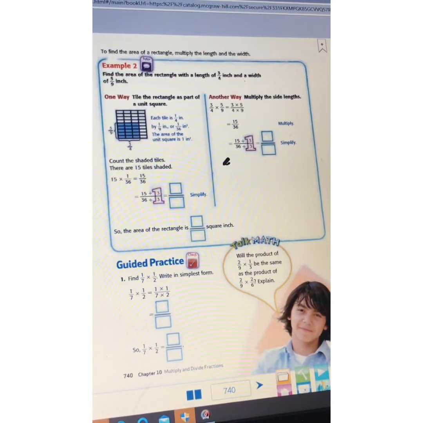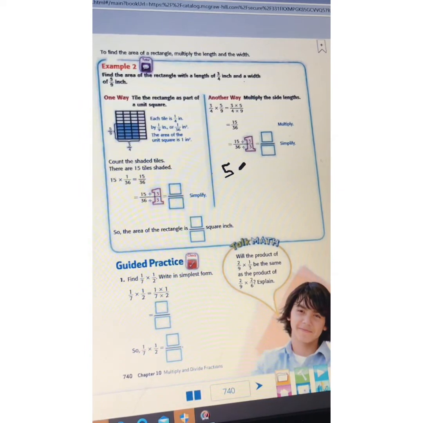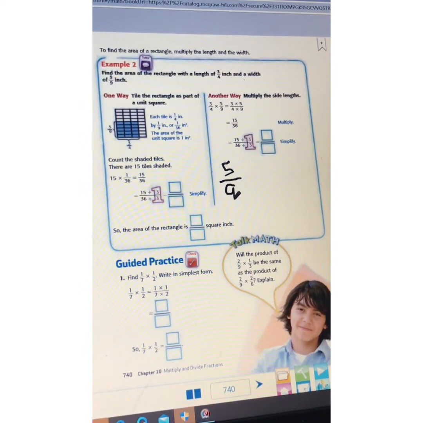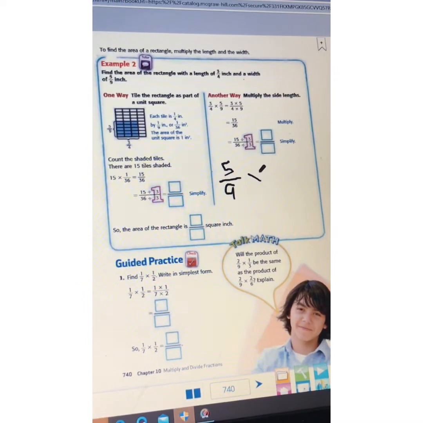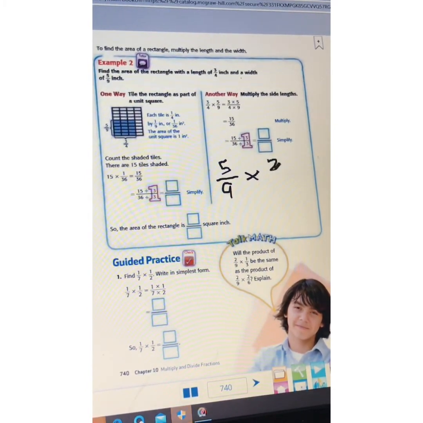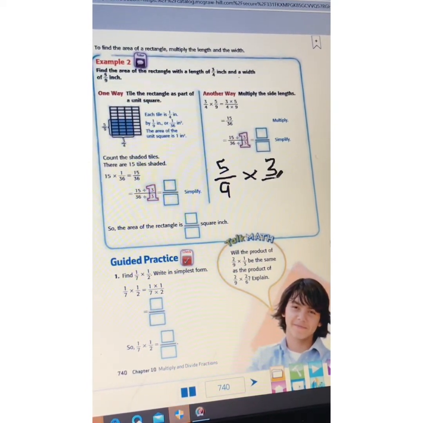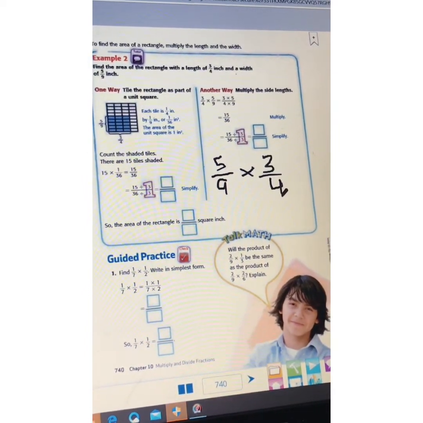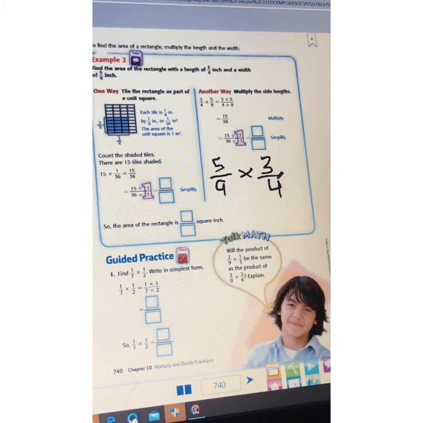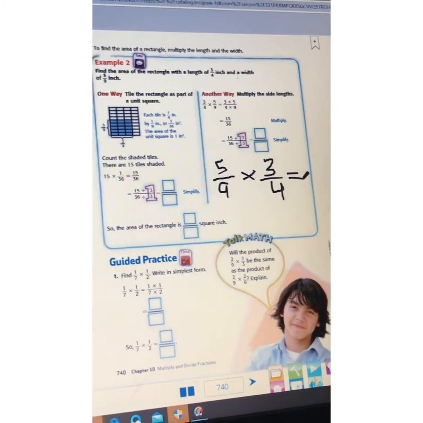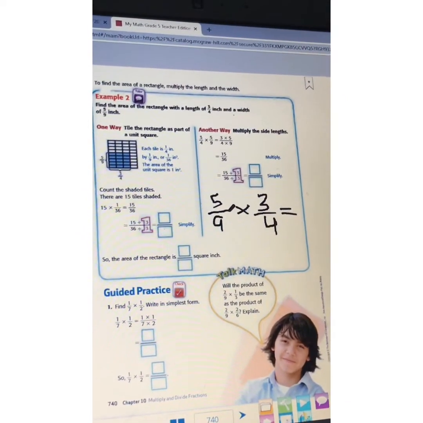So I will be using this part to solve for it. 5 over 9 multiplied by 3 over 4. For me, I advise to use the same cancellation first before multiplying, because that's a lot easier because the numbers are smaller. You don't need to get the GCF of a much bigger number.